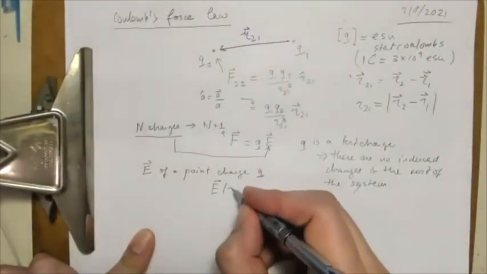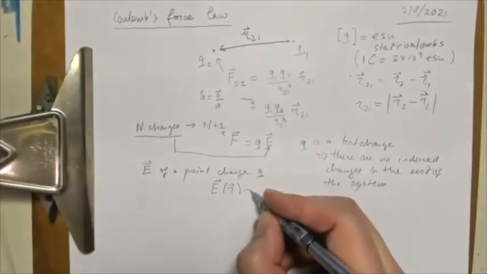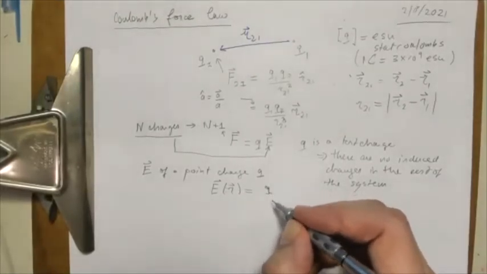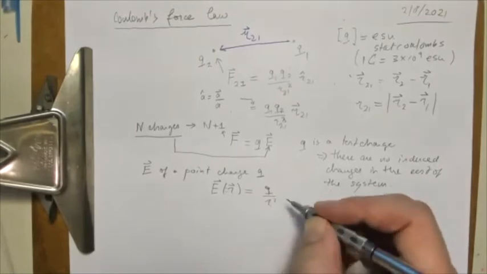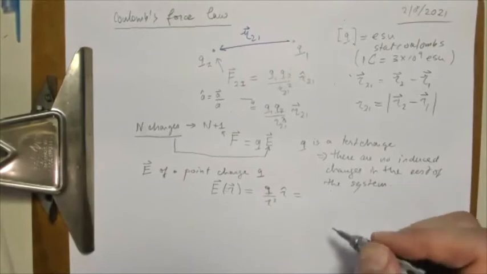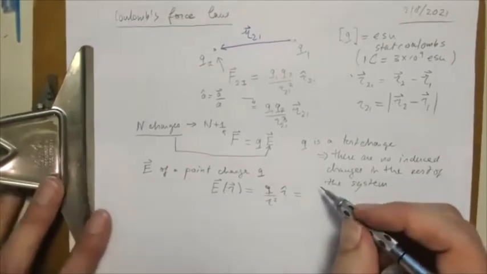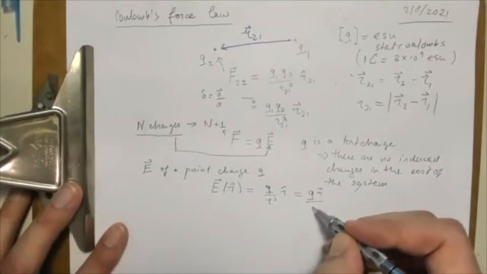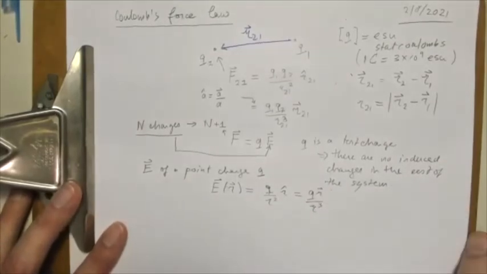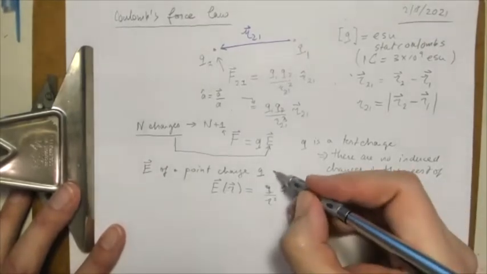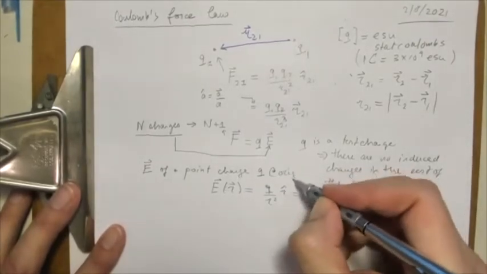It's a function of R, and it is Q over R squared R hat, or of course Q R vector over R cubed. And that is if we place this at the origin.